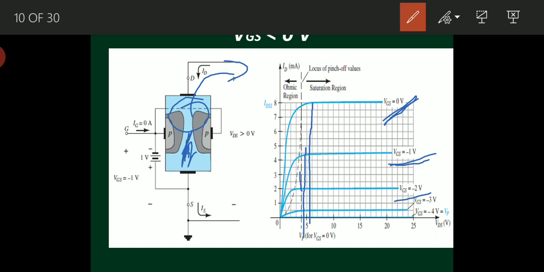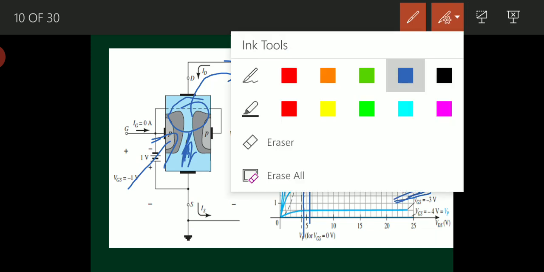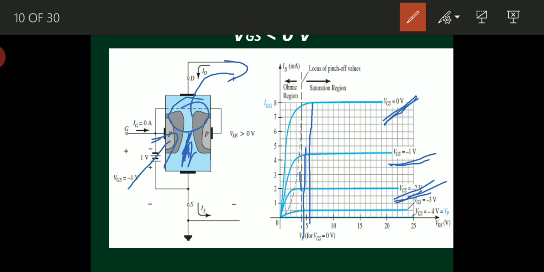If I go on increase this negative voltage VGS at the input of gate, so what will happen? When VGS equal to -2 volts, so this is the saturation level. So if I increase VGS much more, then what will happen?